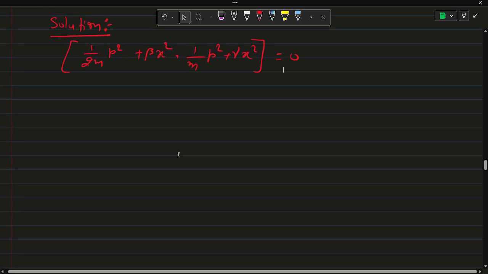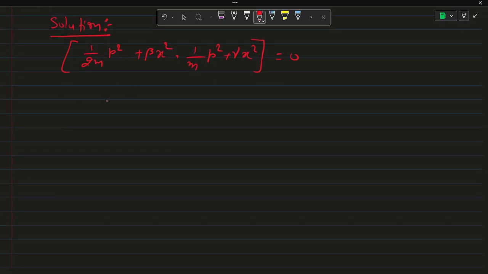Now we can write this commutation in the simplest form by separating the summation. Here we use a trick: we know the commutation of momentum with momentum is 0, and position with position is 0. So we will use cross terms. We will take momentum with position all the time, here momentum with this position and this position with this momentum.